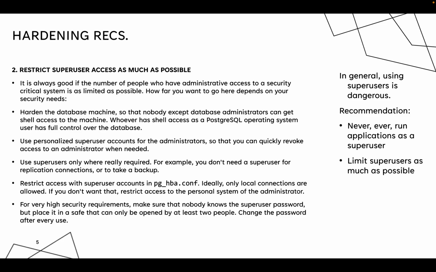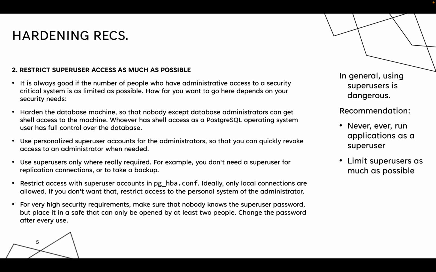So number 2 for a hardening recommendation, restrict superuser access as much as possible. It is always good if the number of people who have administrative access to a security critical system is limited as much as possible. How far you want to go depends on your security needs. Harden the database machine so that nobody except database administrators can get shell access to the machine.